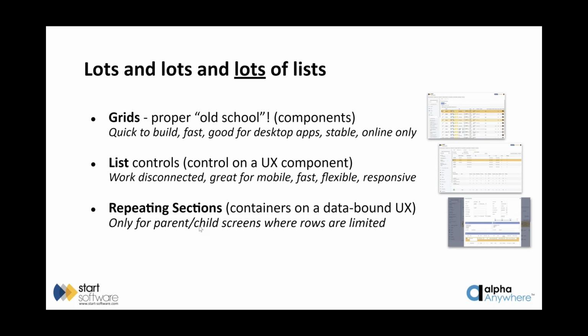If though, and I need to say this again, just so everyone's heard me say it out loud, typically this screen is going to have 1,000 rows of data on it, think again, because repeating sections generate lots of HTML that goes to the browser, and they do slow down if you have lots and lots of lines. In those situations, you can do the same thing with a list. So you can actually put a list, which would be the rows of data on your UX, and that will perform much better.